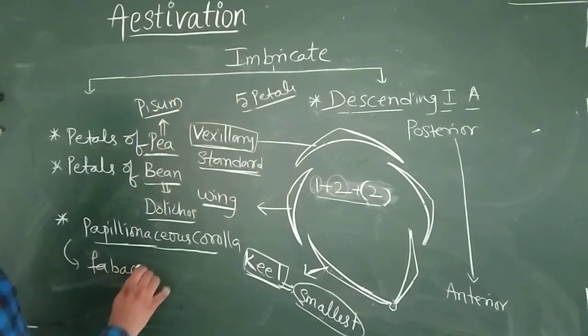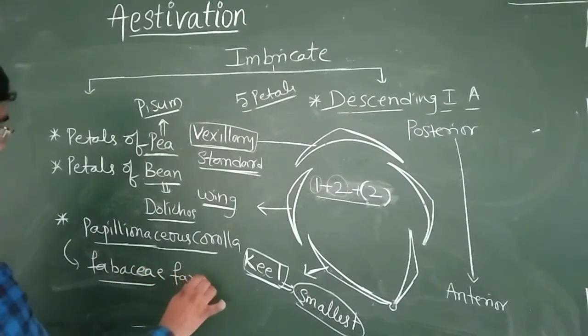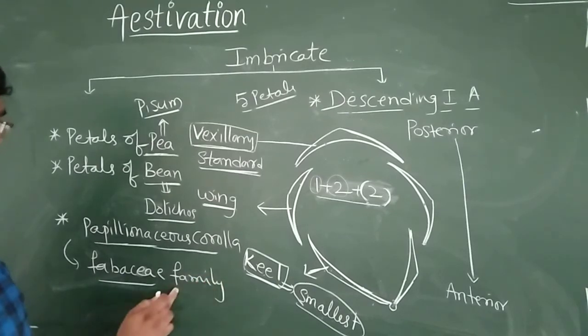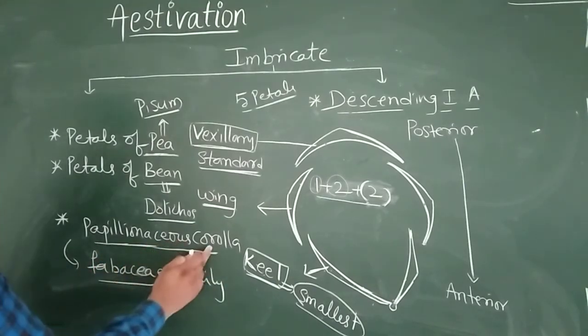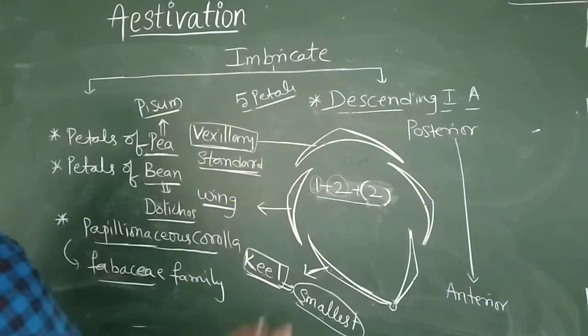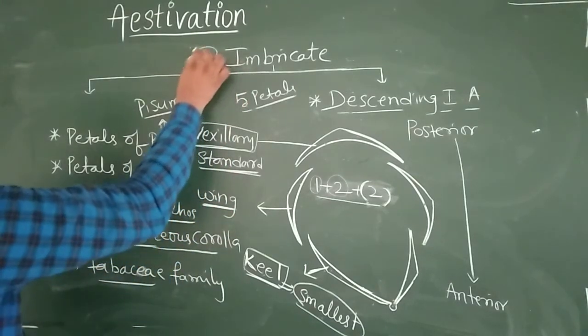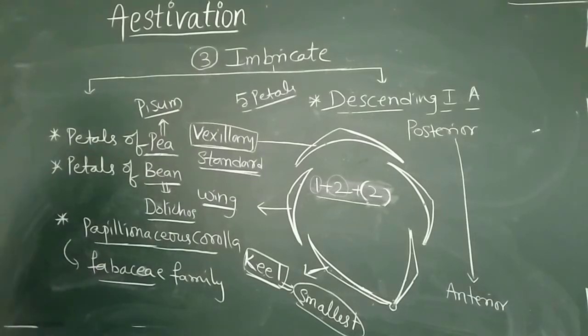Fabaceae family plant flowers have a papilionaceous corolla. So that is the main characteristic feature of the descending imbricate aestivation. Okay? So this is the third type of aestivation, called imbricate aestivation.